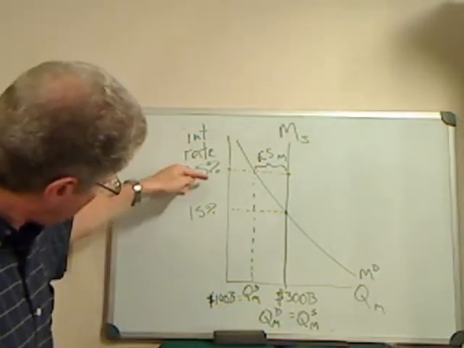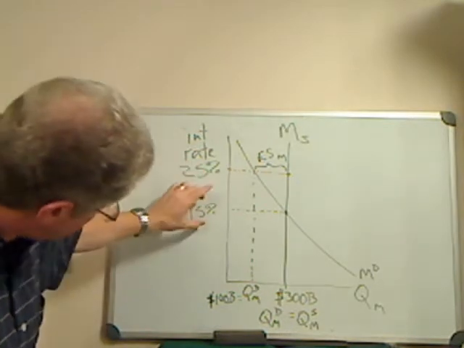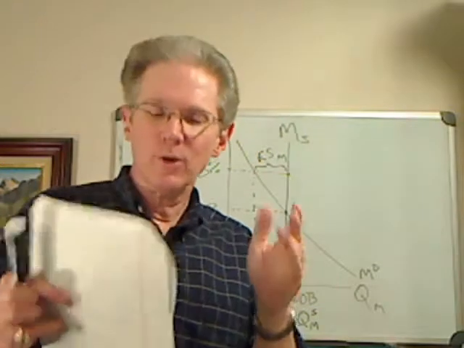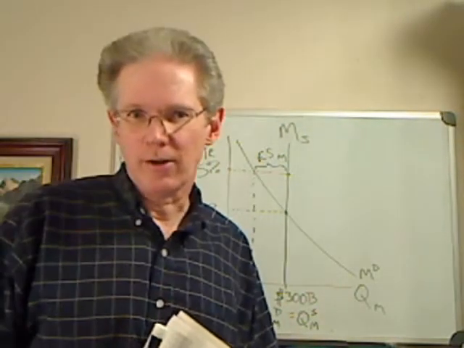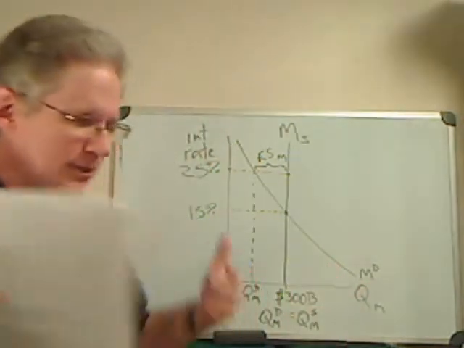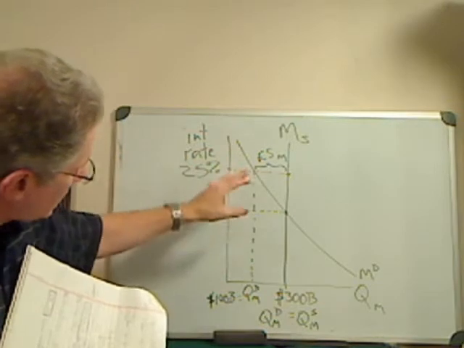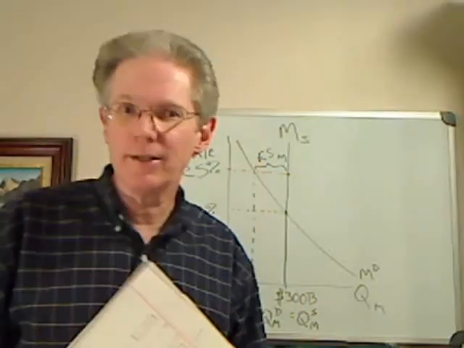Now you can see that if the interest rate falls, then we'll move in the direction of the equilibrium interest rate. But the question is, why should the interest rate fall? Is there somebody out there monitoring the money market, and they say, oh, people don't want to hold as much as the Fed is supplying, so we need to cut interest rates?